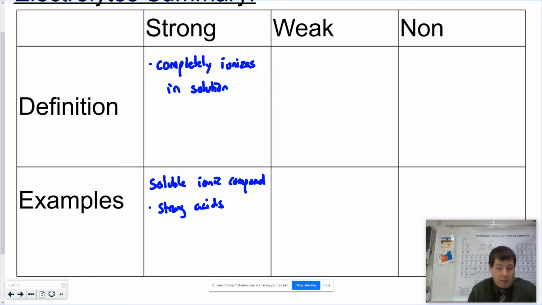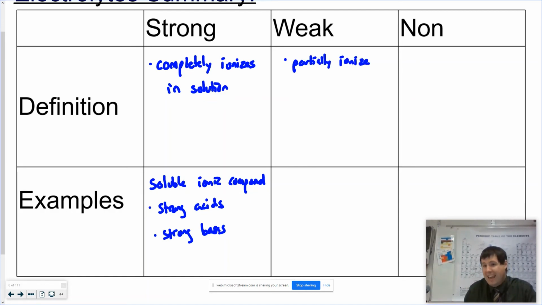There are 6 that you got to memorize, and the strong bases, which are the hydroxides of the group 1 metals, and then calcium, strontium, barium. And that's it. For weak electrolytes, those are going to only partially ionize. And the only things that are weak electrolytes are the weak acids, like organic acids, and weak bases, like ammonia or the amines. So those are the only things that are going to be weak.